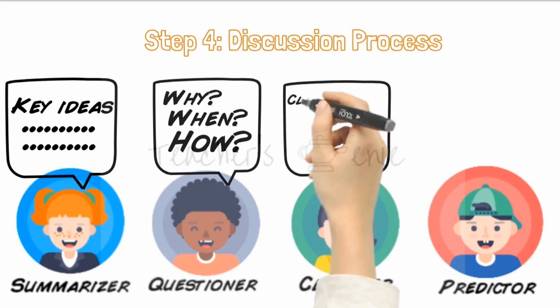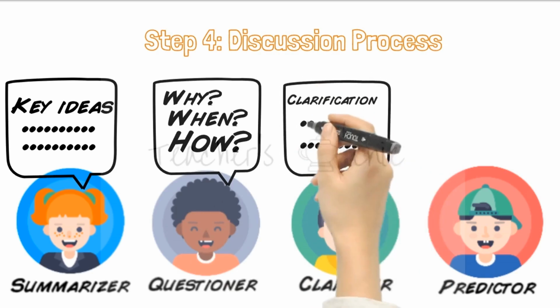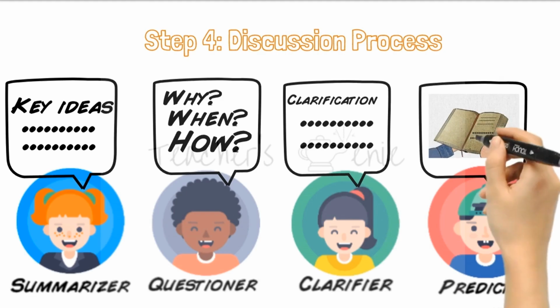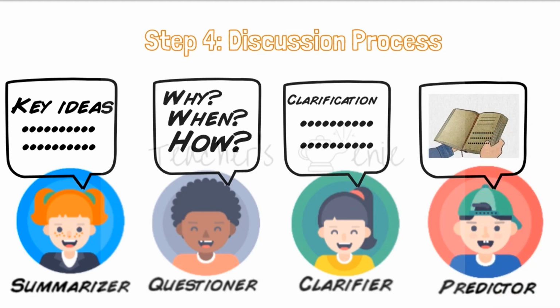Then, the clarifier addresses confusing parts and attempts to answer the questions posed. Then in the last, the predictor offers predictions about future content or events in the story. In all the steps, the teacher facilitates the process and corrects students when they are wrong.